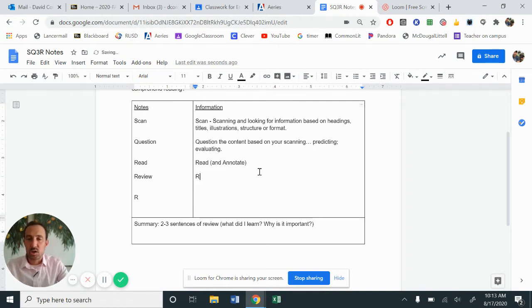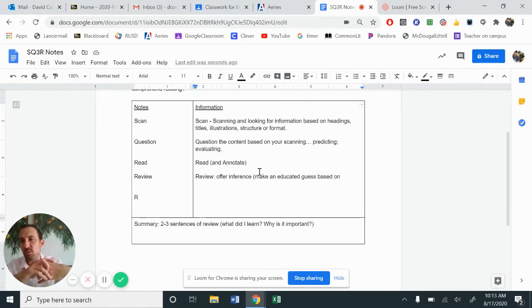So for the second R, review, this is where you offer inference. Inferences is where you make an educated guess based on your knowledge as a whole. Like you kind of infer how a character might have felt.